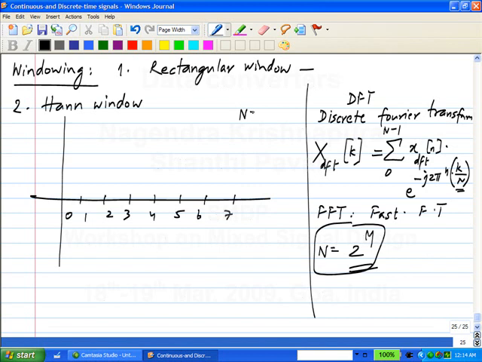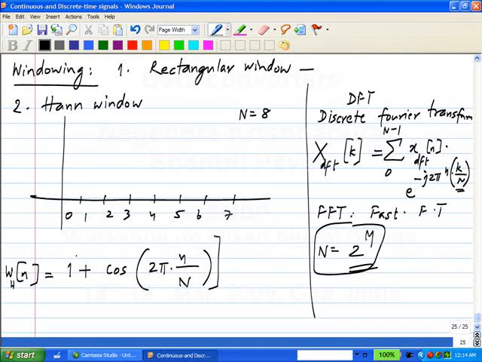The Hann window is given by, so this is w_H of n, 1 plus cos 2 pi times n by N. Sorry, 1 minus, not 1 plus. And this is for n going from 0 to N minus 1. And it is 0 outside of that.